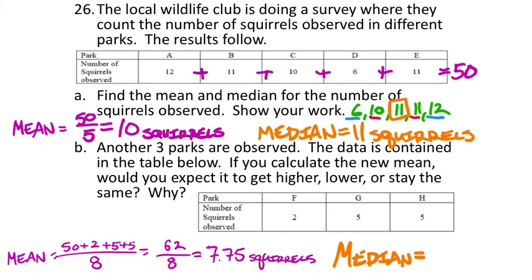Now, we had our median already. I still need the same list, though, okay? So that was 6. Here, we had 6, 10, 2 11s, and a 12. But these other values that we just found are smaller, right?